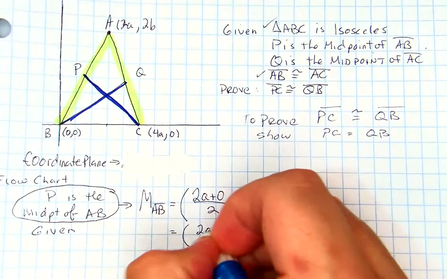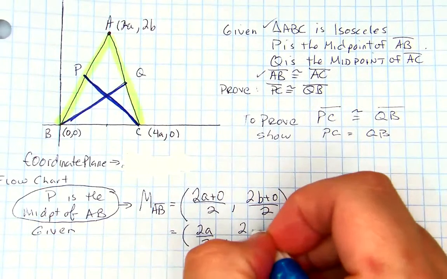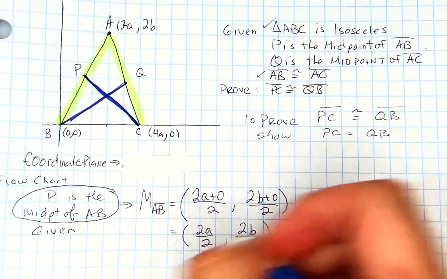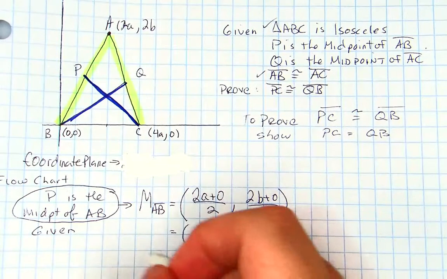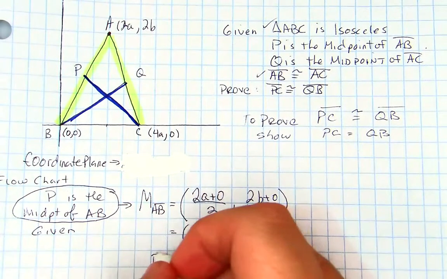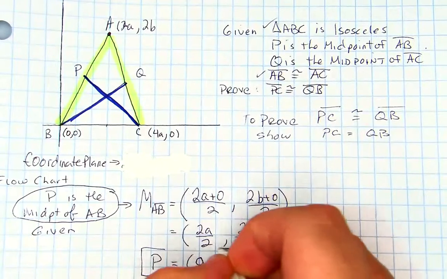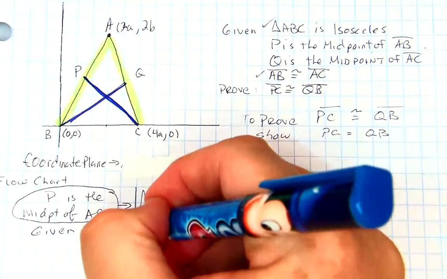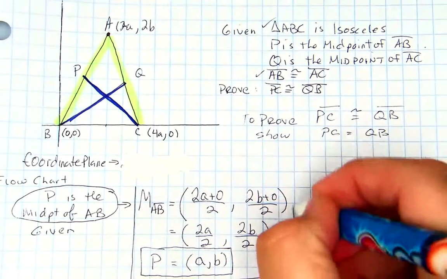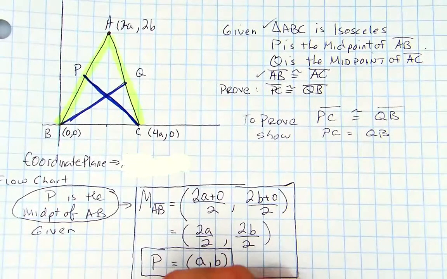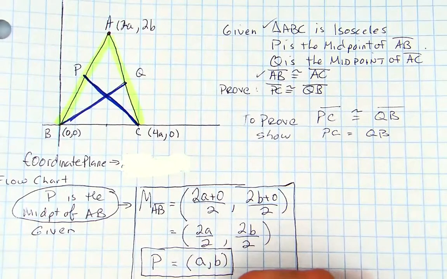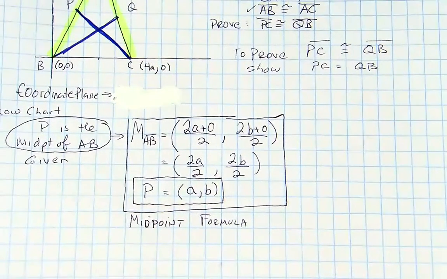And we'll get 2a over 2 and 2b over 2, which is a, b. So P actually has the coordinates a, b, and if we just circle this whole thing, we get a midpoint formula from there.